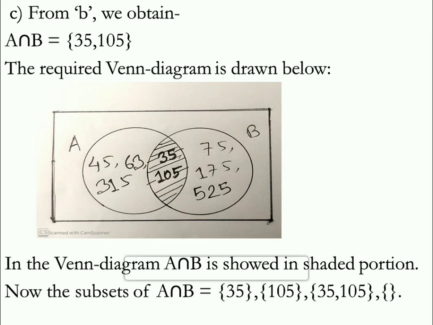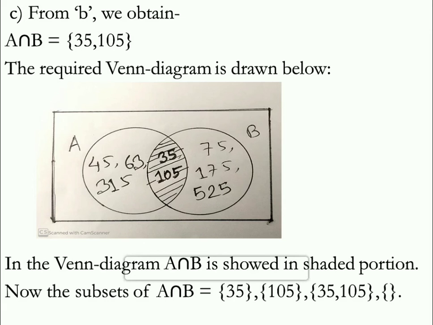A Venn diagram means representing the sets inside a rectangle. We represent A and B as two circles. In circle A, I have written all the members of A, that is 35, 45, 63, 105 and 315, and in circle B I have written 35, 75, 105, 175, 525.